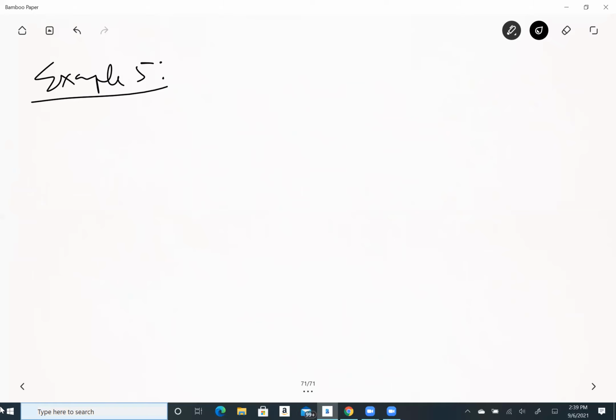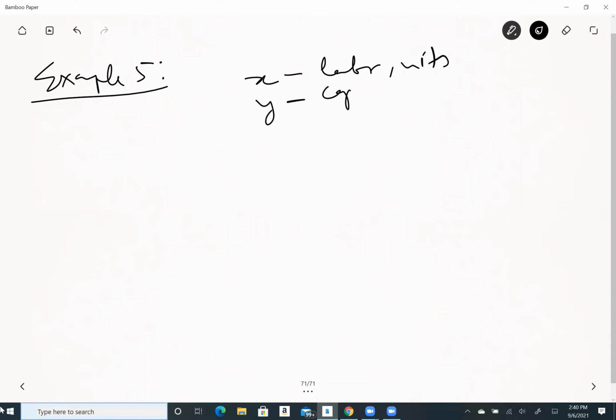So you have here the production given, and then X is the labor in units. And then Y is capital, also in units. So you have the variables. The variables are the inputs. So I want to maximize production subject to the budget line.